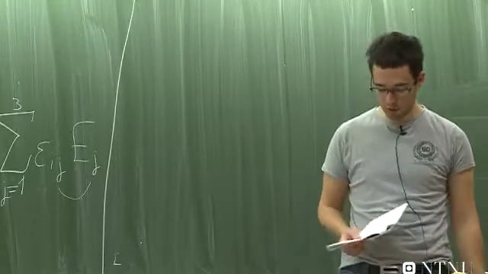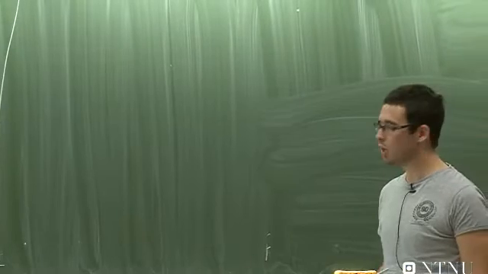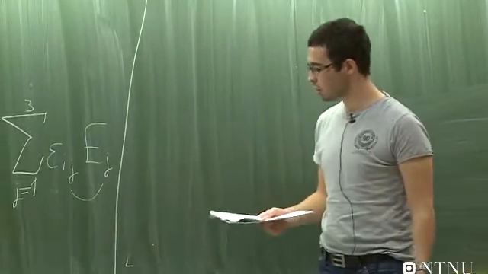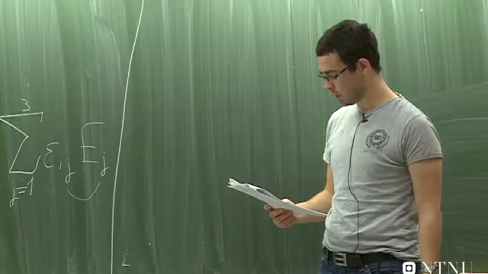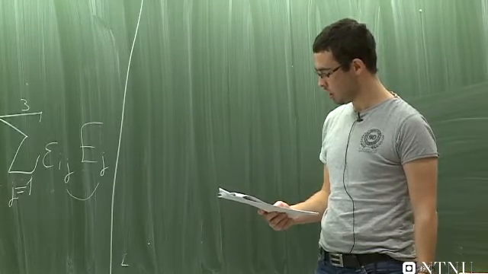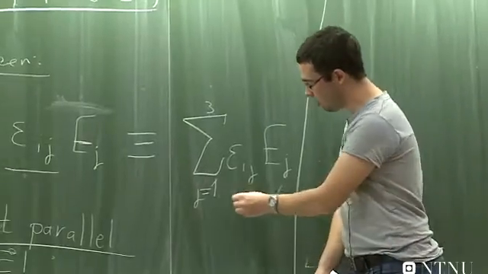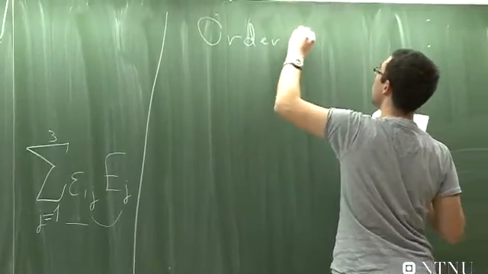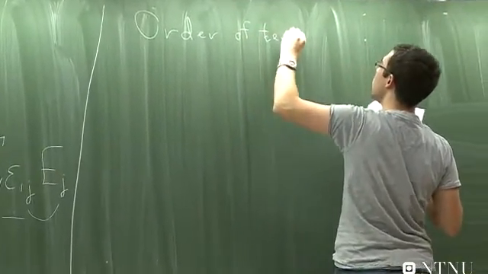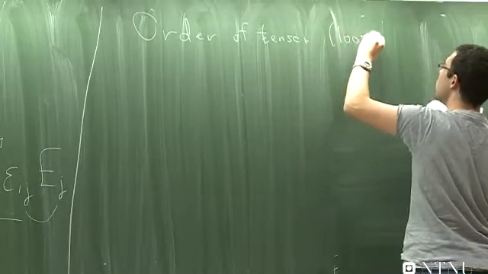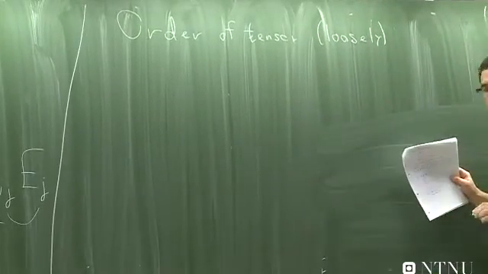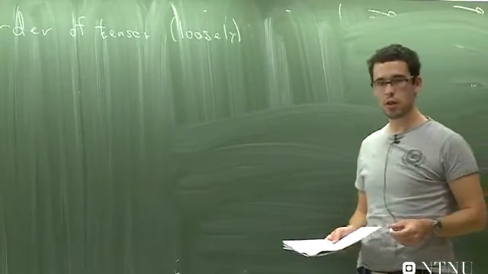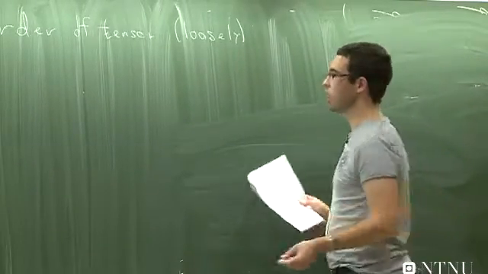Okay, and the notion of tensors is related to coordinate transforms in a way that we'll discuss in a short while. But loosely speaking, a tensor, okay, but to define the order of the tensor first. I will loosely determine that as the number of indices required to write the tensor down.